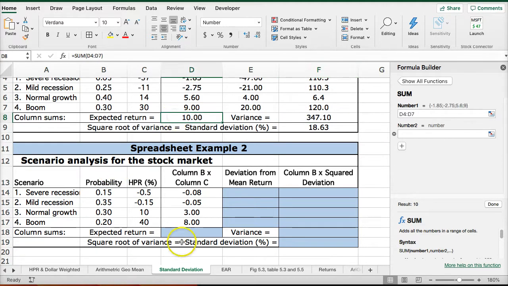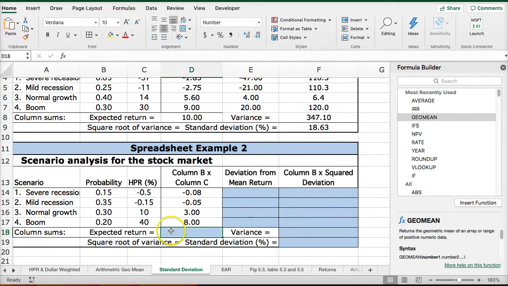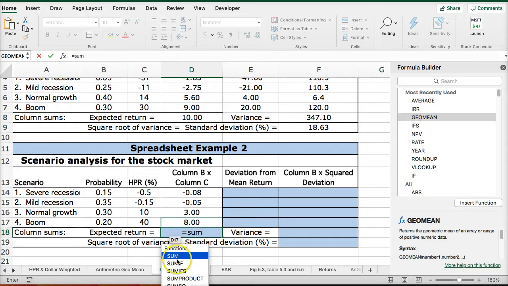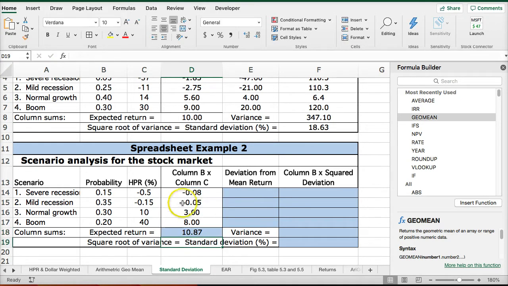Okay, so here we're just going to find the sum, and we could use the sum formula. So we're just going to take the sum of these, and this is basically probability times the holding period return. You see that these are all calculated that way.